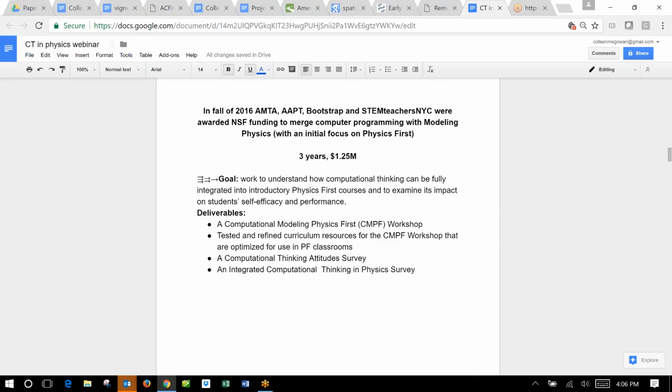The goal of this proposal is to really understand how computational thinking can and should be fully integrated into the physics classroom. And we decided we would start with the Physics First classroom because it theoretically includes all students. It's a required course rather than an elective.